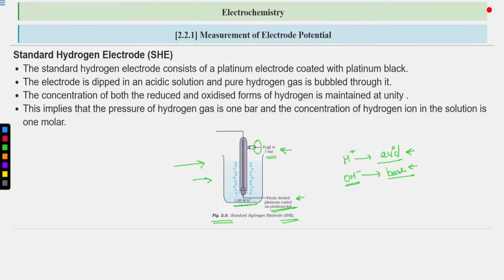It goes through this covering, and in the solution we already have H positive ions. So H2 and H positive ions react with each other, and bubbles of hydrogen gas form. So this is the overall construction of the standard hydrogen electrode.